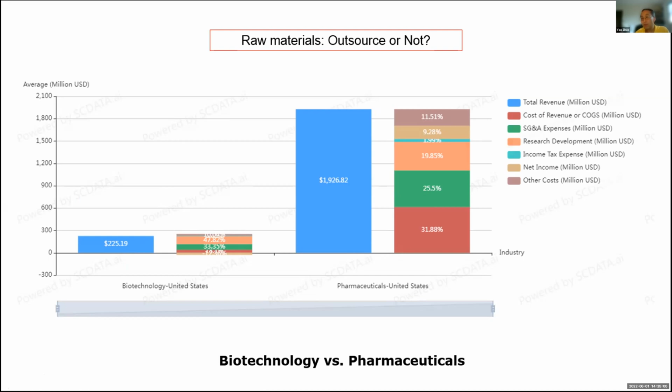Think about this. If you outsource biotech for cost savings in cost of goods sold, it could be a very bad strategy, because the increase in the sales, general, and administrative cost may be higher than your savings in the cost of goods sold.